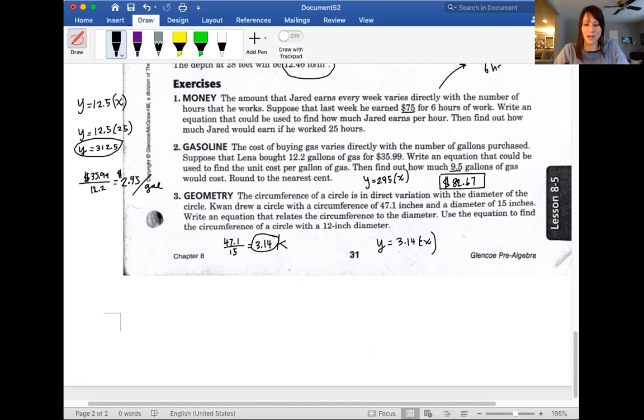So its diameter times pi is really how you find the circumference. So plug in our equation, 3.14 times 12, and y equals 37.68 inches as the circumference. And there it is.